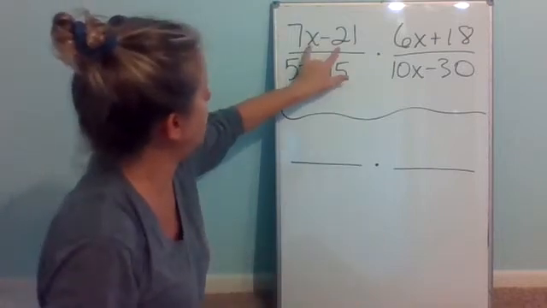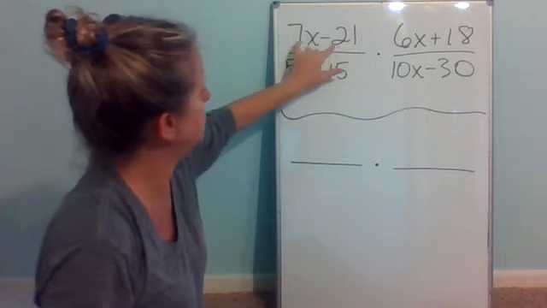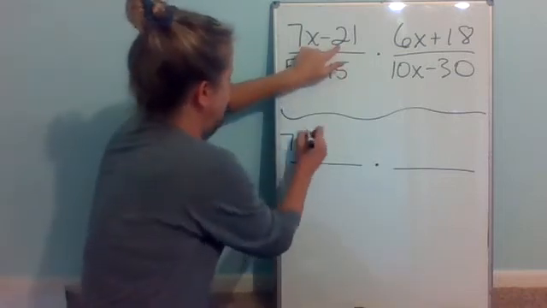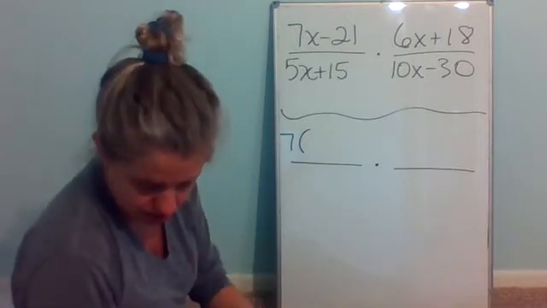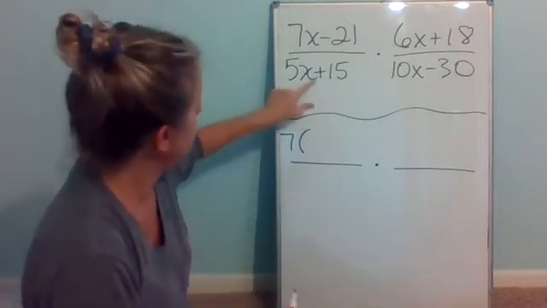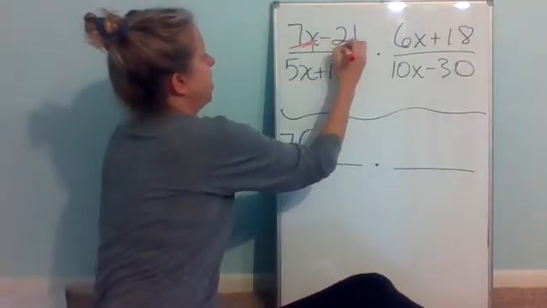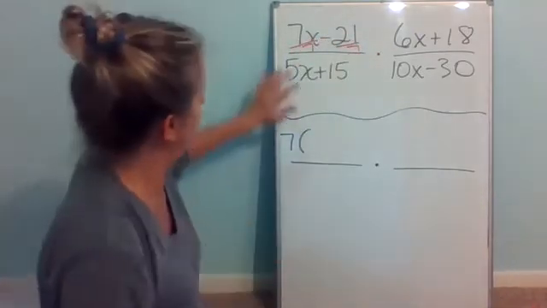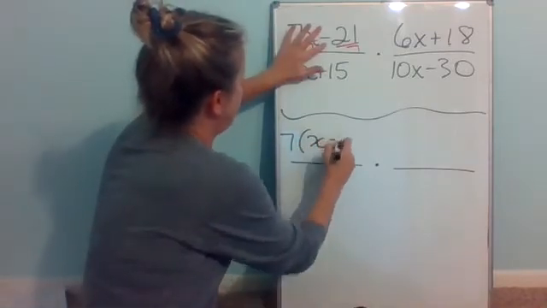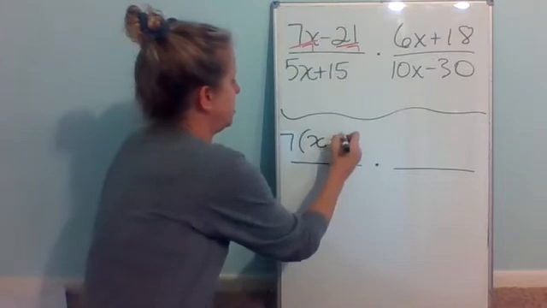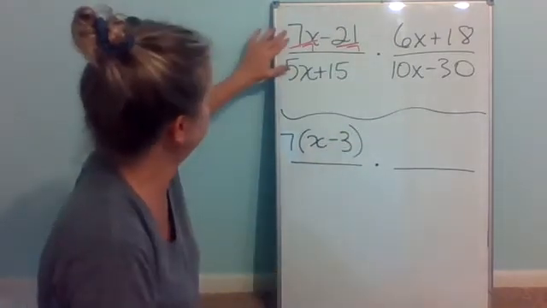So let's see. Up here, since 7 goes into both of these, I can pull out a 7, put in parentheses what is left. So let's see, if I pull out a 7 and divide those both by 7, what is left here would just be an x minus 21 over 7 is 3. So done with that one.